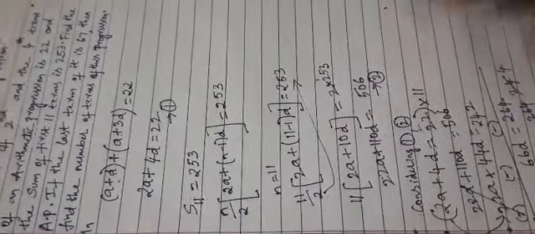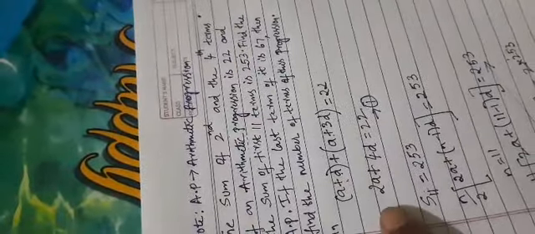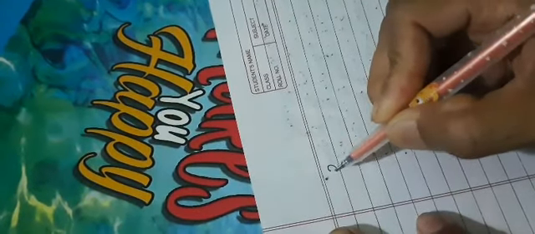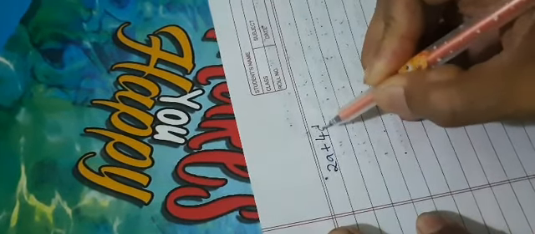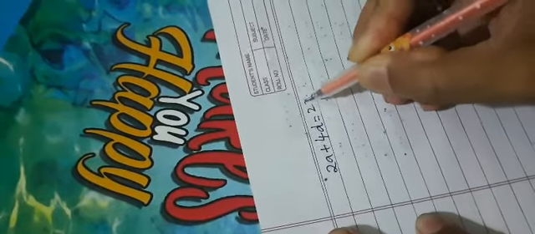So considering, let me go take one more page, next page. So let me consider equation 1. What is that equation 1? Equation 1 is 2a plus 4d is equal to 22. Let me write once again: 2a plus 4d is equal to 22.